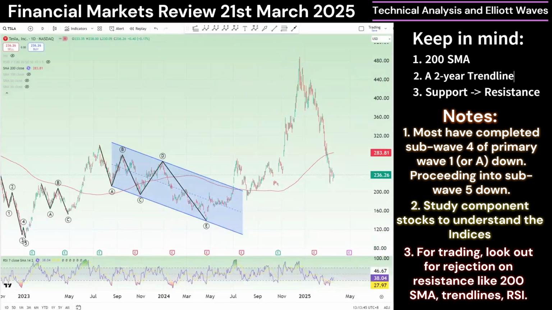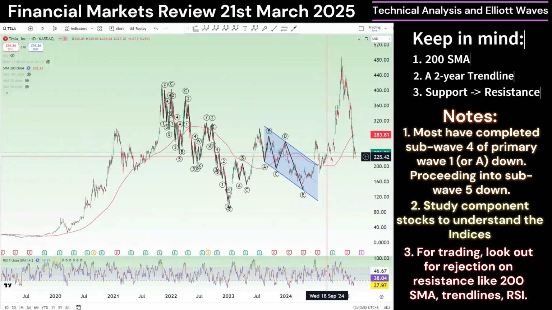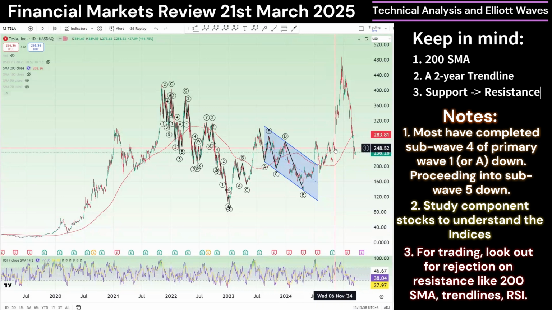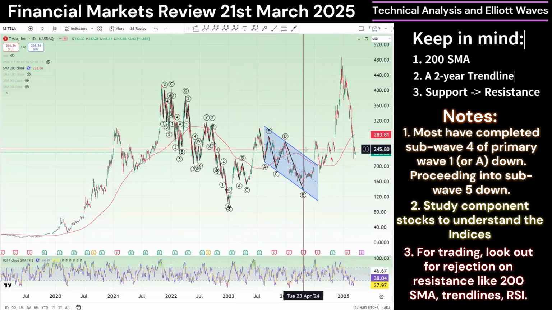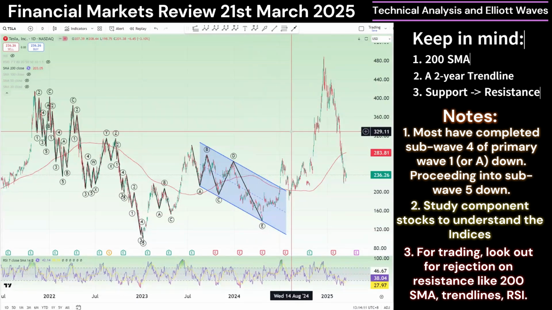Next, we have Tesla. Tesla is a headache for Elliott Wave. It is just not following the rules of Elliott Waves, especially after this move after Trump winning the election. It's breaking the rules everywhere, so I kind of give up trying to count the waves for Tesla.